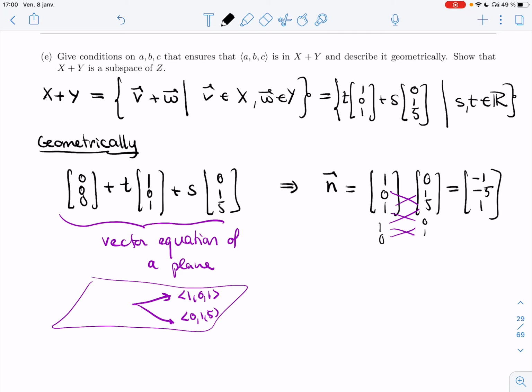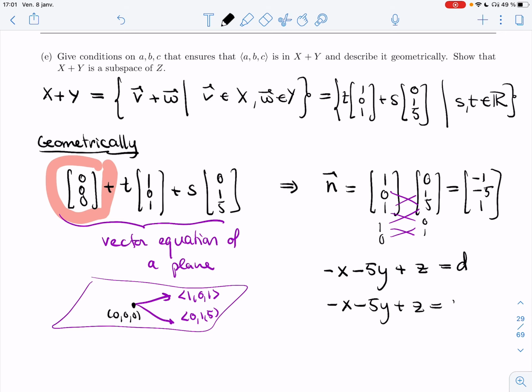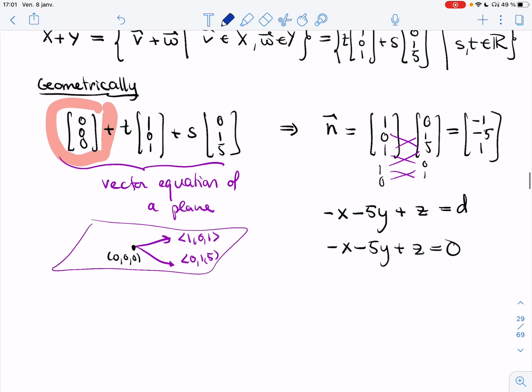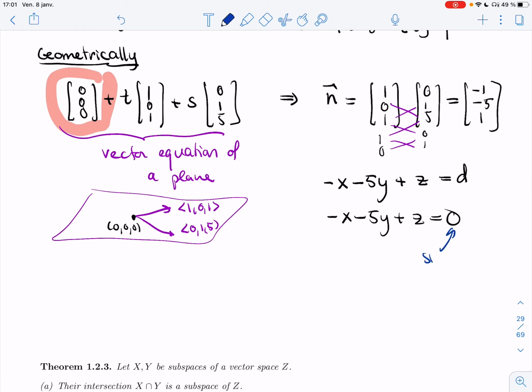And so we get minus x minus 5y plus z equals d, but of course the point is 0, 0, 0, and so our d is 0. If we plug in 0, 0, 0.